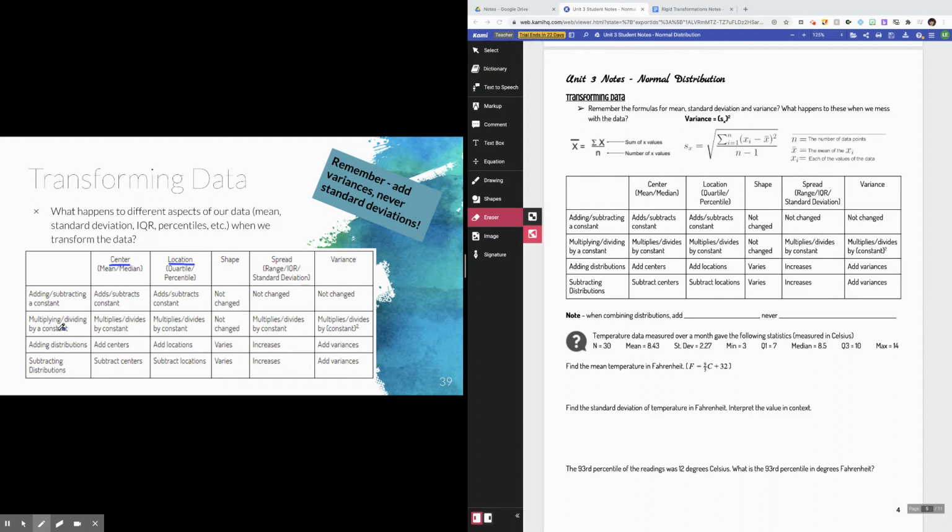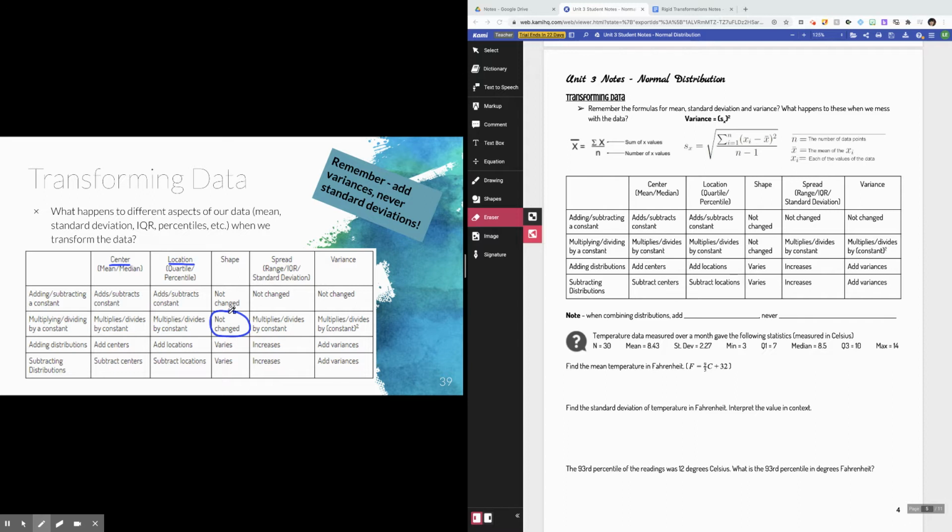But if you multiply or divide by a constant, everything changes except for shape. When you take a distribution and multiply it by something, you're essentially enlarging it, or if you're dividing it, you're shrinking it. Which means the center will move and each individual location will move. If you're multiplying, the spread is going to get larger.